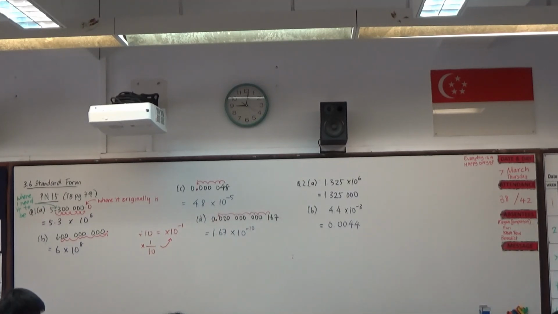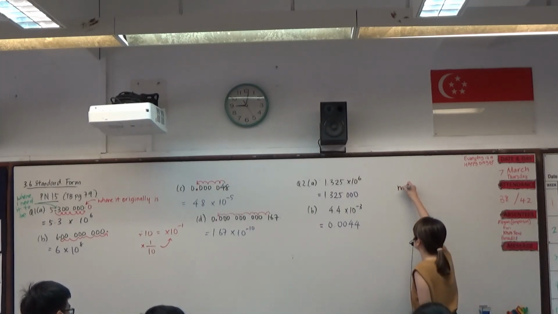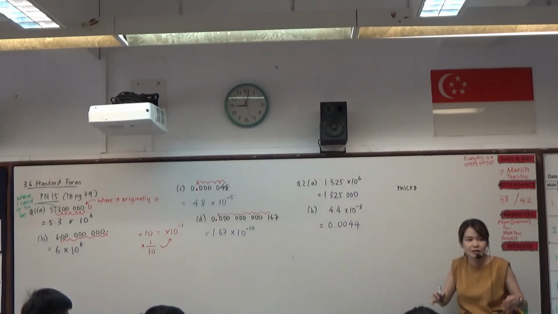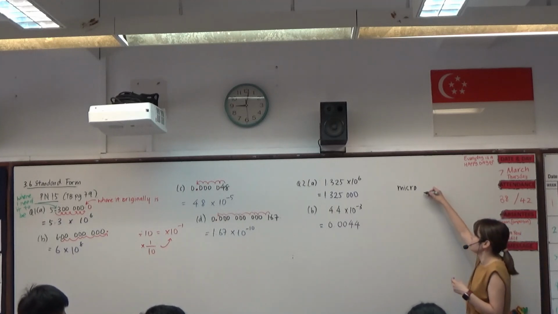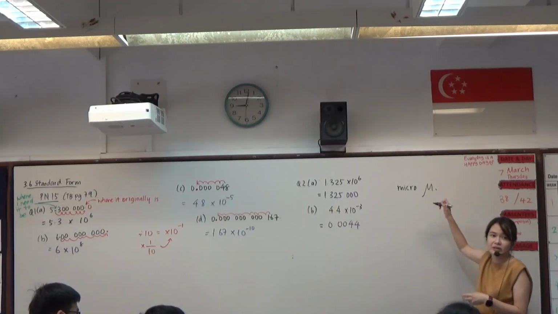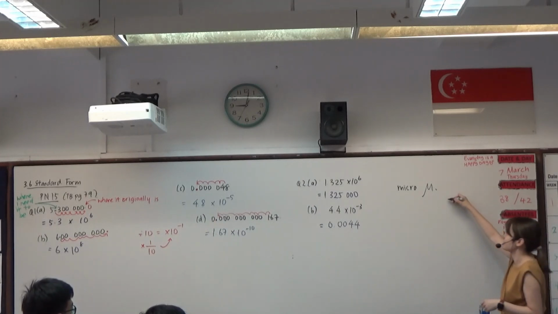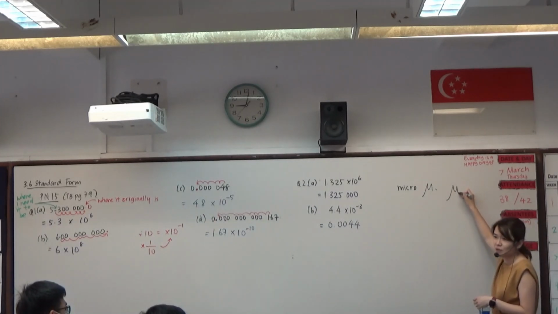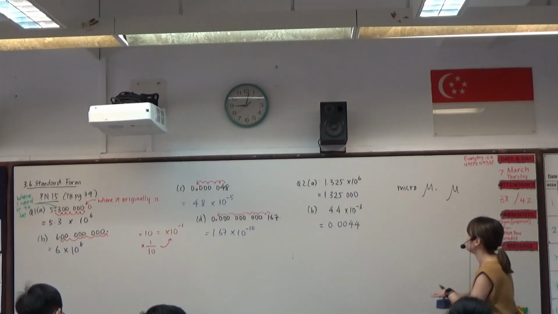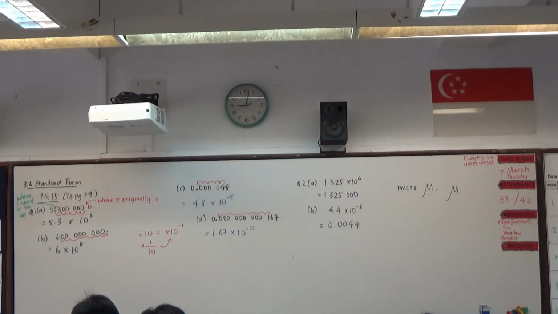By the way, I just want to ask, how do you write a micro symbol? It's a mu, like that. I'm just making sure that we all write it the same way. It's a little bit of calligraphy. I just want to make sure that we all write it correctly.